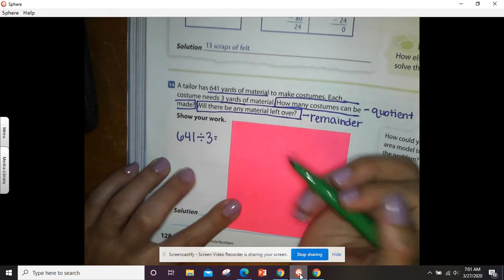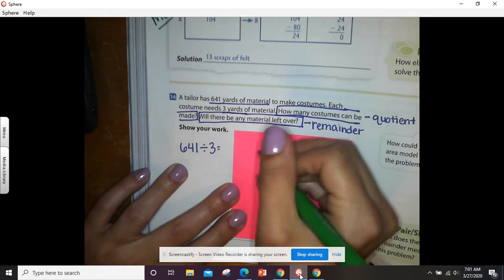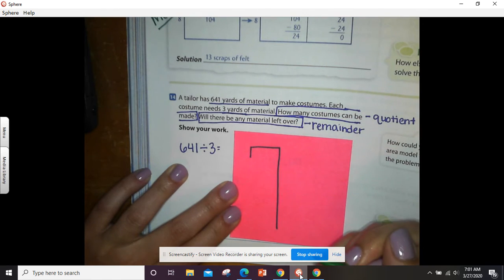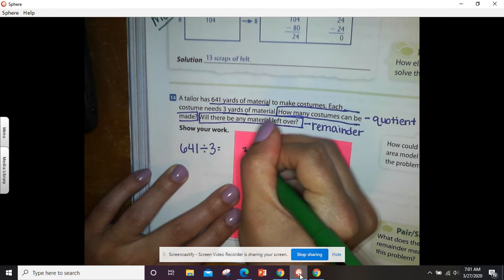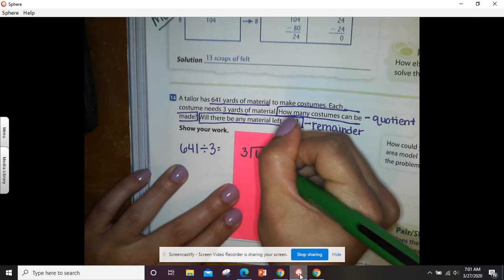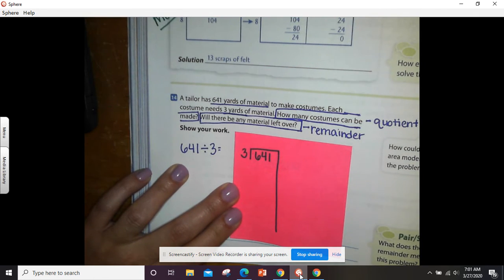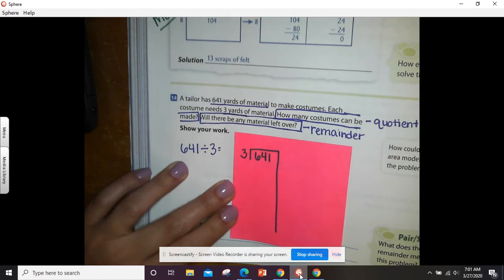I'm going to use that partial quotient strategy, and I'm going to go ahead and set mine up in that hangman style, and I'll put my 3 here and my 641 on the inside. Now remember, what we're trying to do is to use our multiplication knowledge to make this a little easier for us to solve.